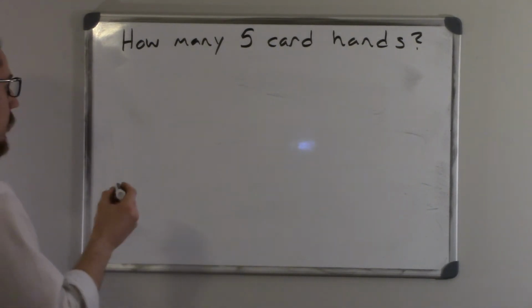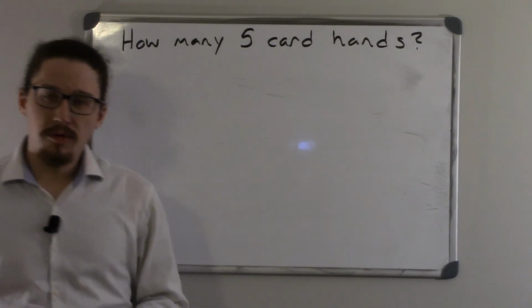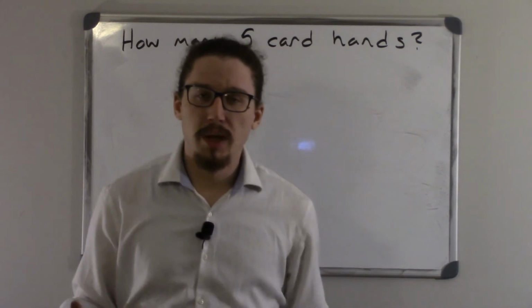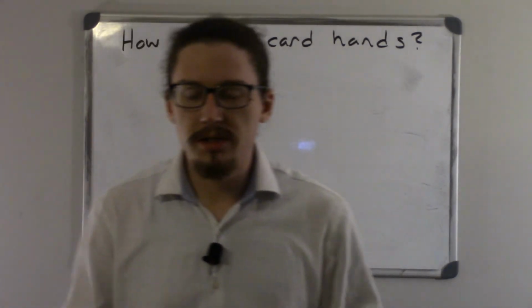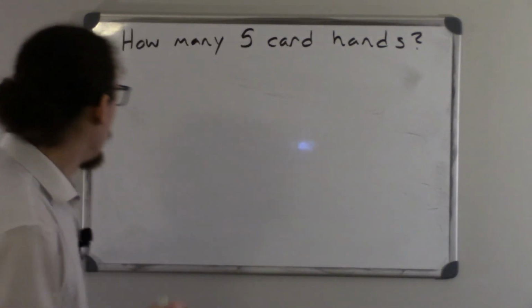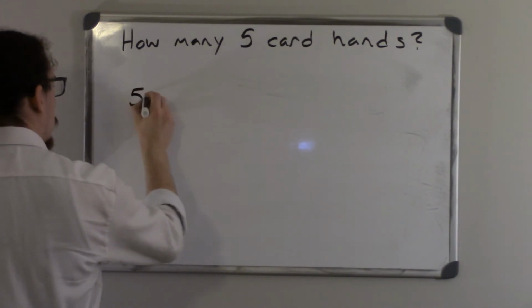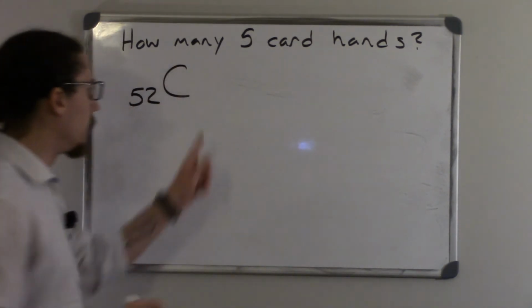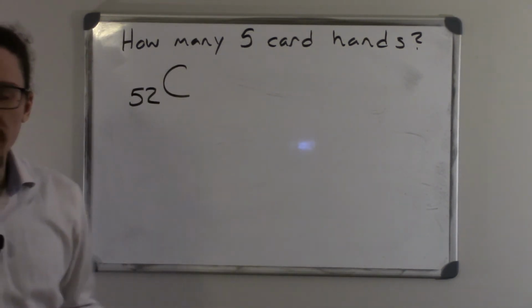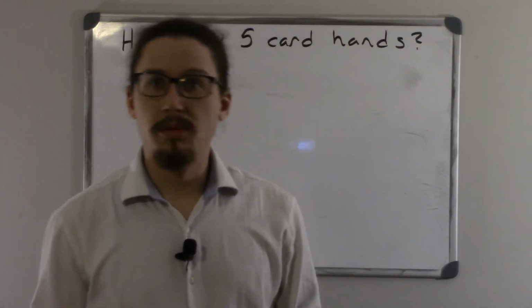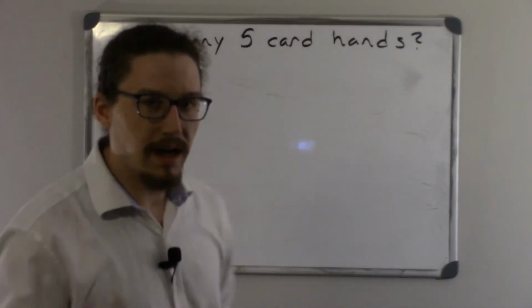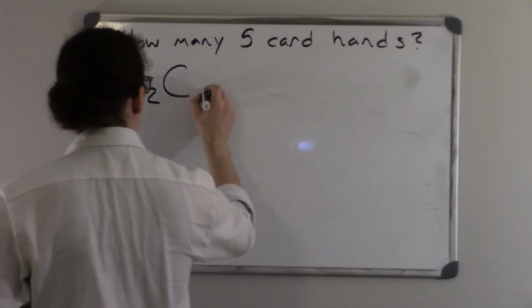Setting this up, n is the number of unique objects. For a deck of playing cards, that is the cards themselves, so there are 52 unique objects. So 52 C, and then k would be the number you're taking at a time. In this case, it's 5.